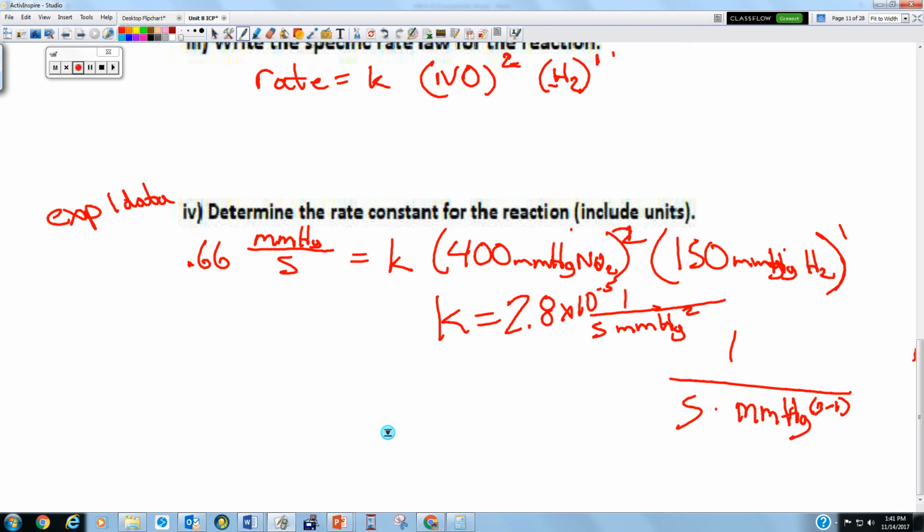I mean, I could be wrong. I could have copied it wrong when I did it. All right. So 2.8 times 10 to the negative 8, 1 over seconds, millimeters mercury to the second.